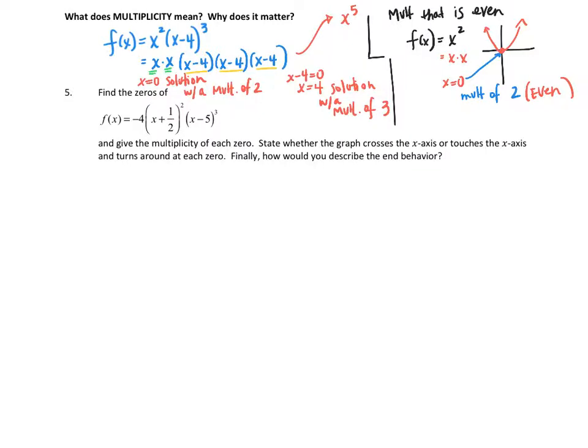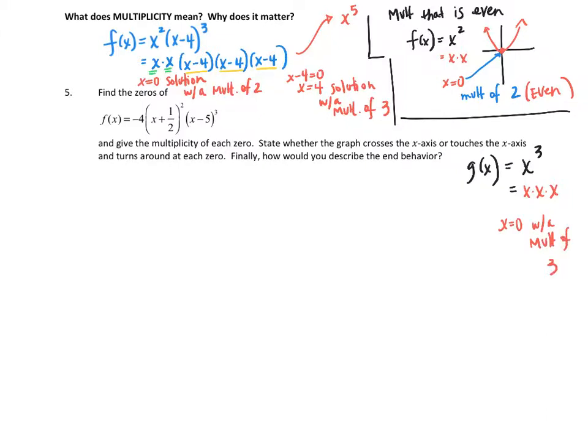Okay, but then let's think about another parent function. G of x equals x to the third. So when you're talking about what are these solutions, this would be x times x times x. So x equals 0 is your solution with a multiplicity of 3.